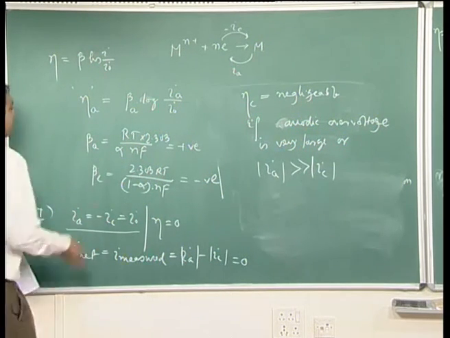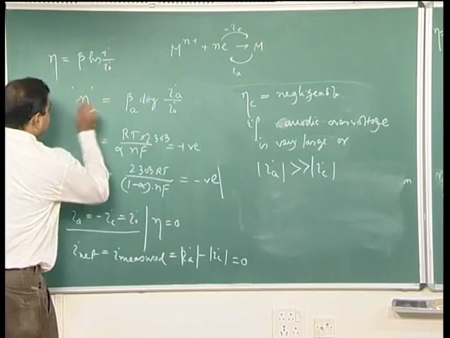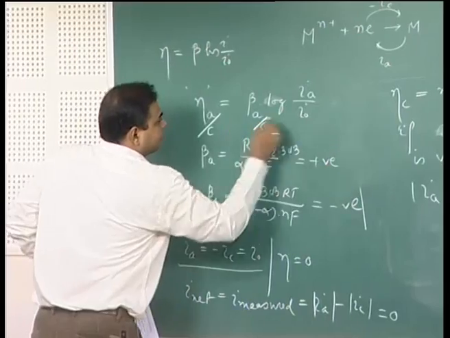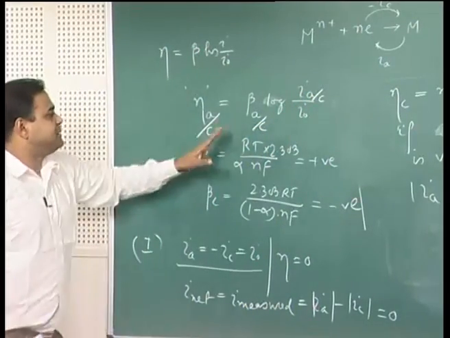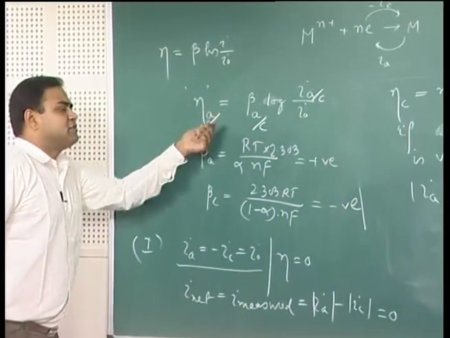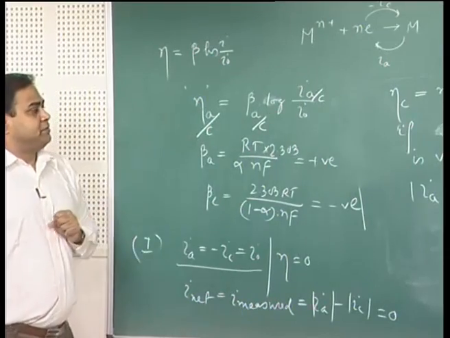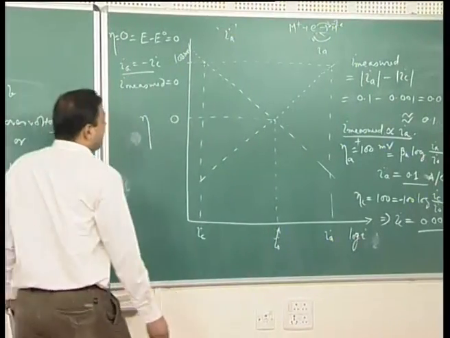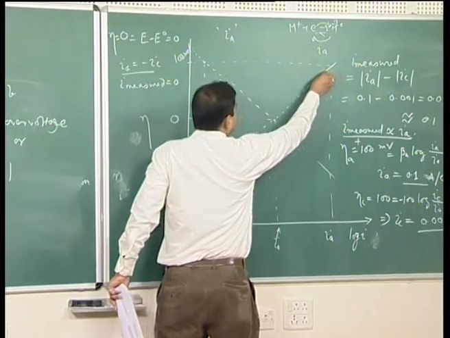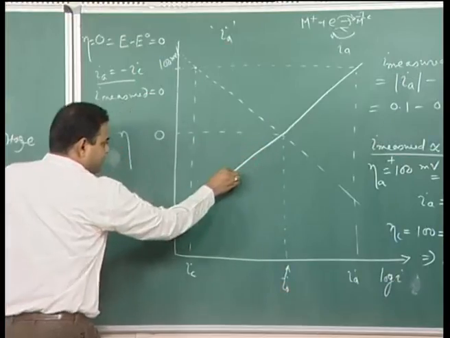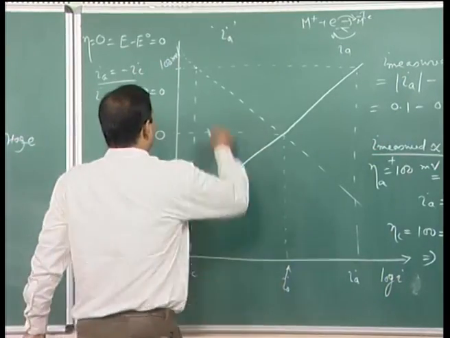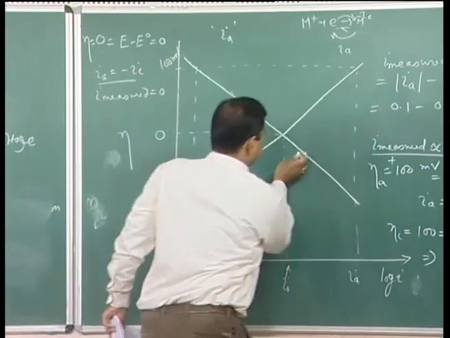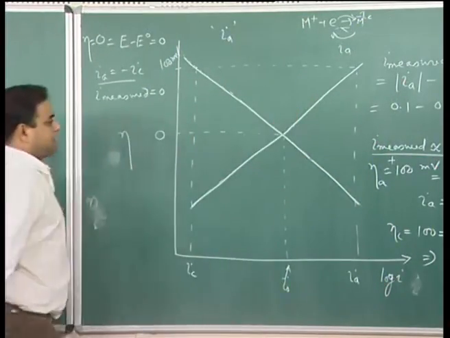So now I can write this for cathodic polarization, and for anodic polarization. This slash means you just replace A with C in case of cathodic polarization. So now coming back to this curve, I can pinpoint what is my cathodic polarization line and what is my anodic polarization line.